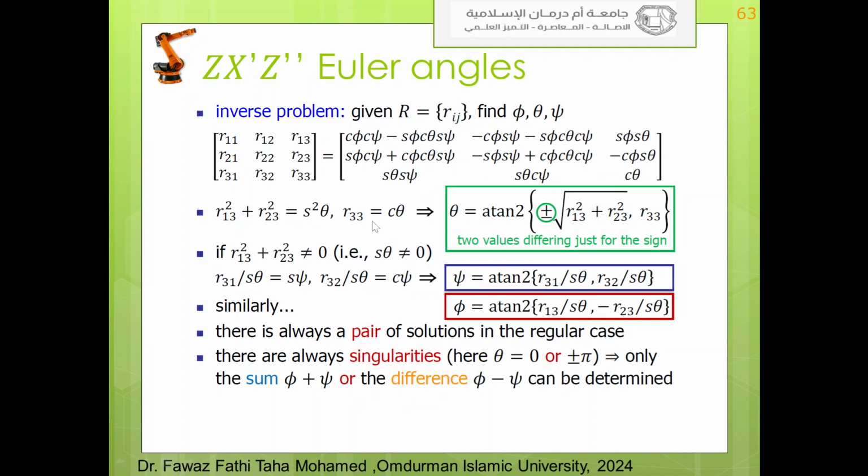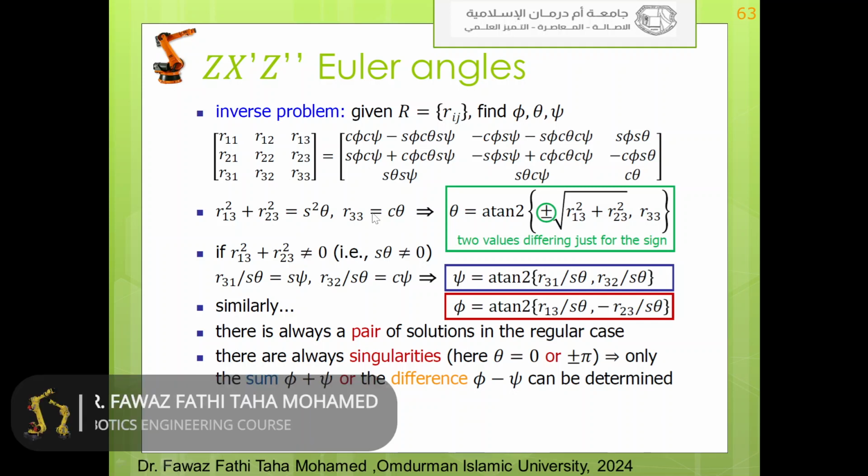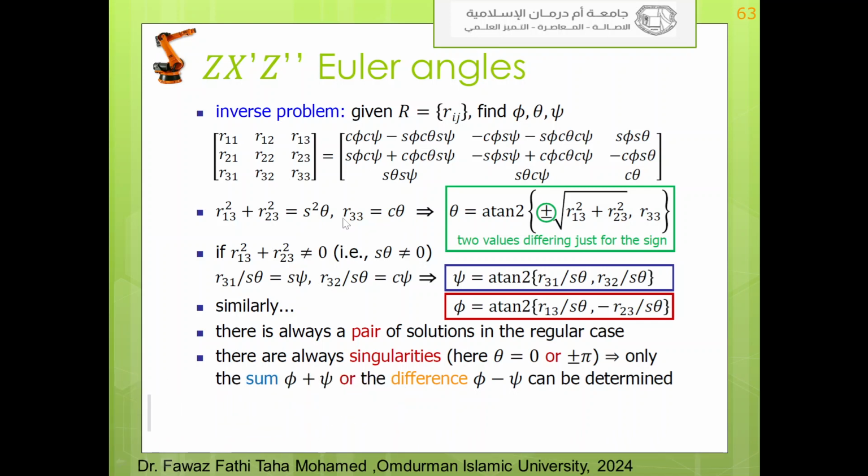As we know, tan equals sine over cosine. With tan inverse we can obtain the angles, but the tan inverse just gives us angles between minus 90 degrees and 90 degrees.